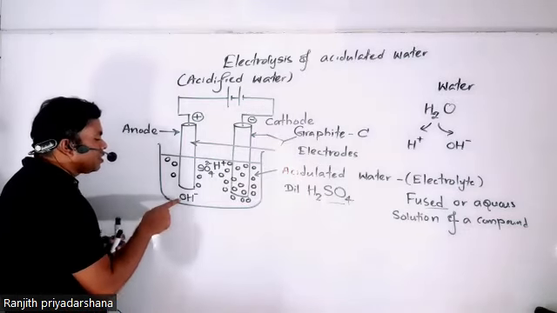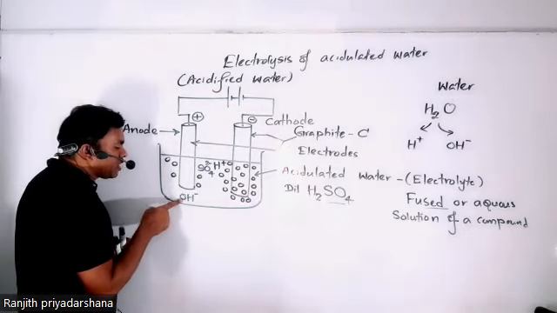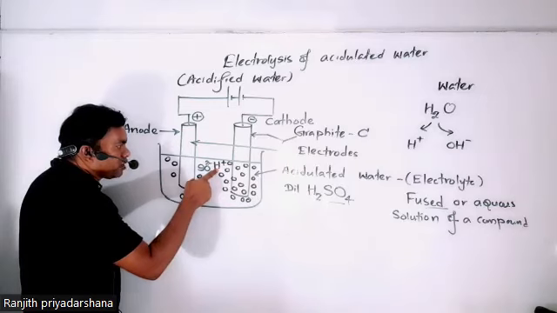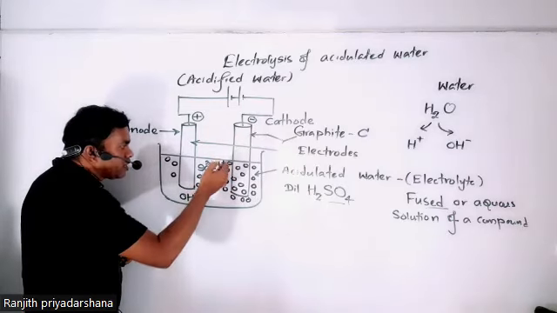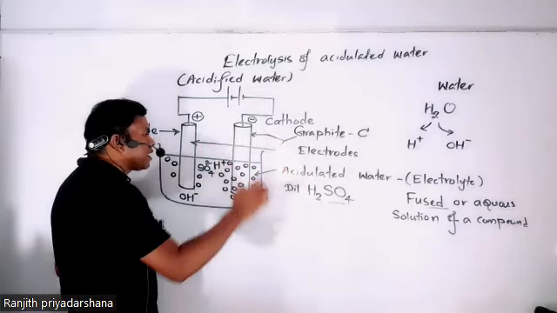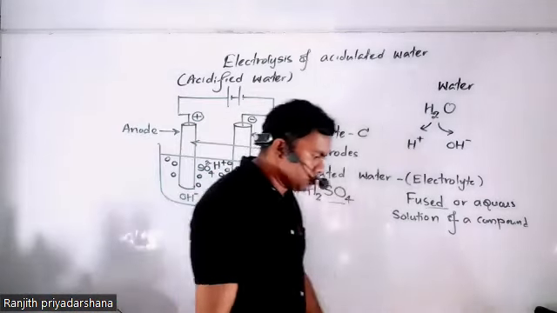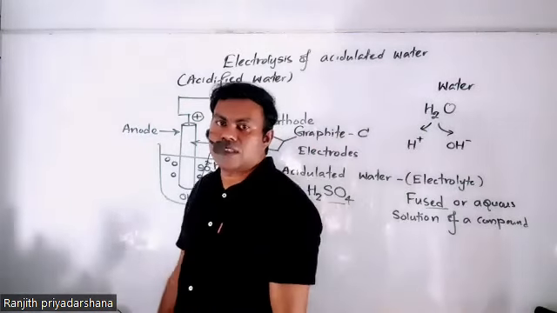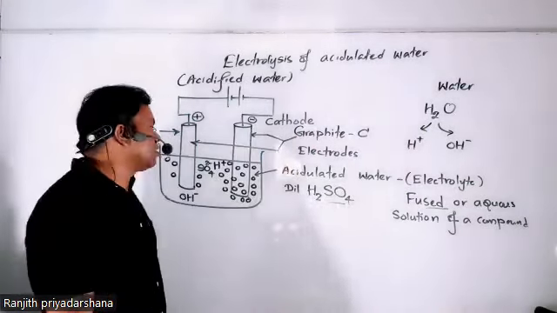ඉතින් මට කියන්න පුතේ මෙතනින් හැදෙන gas එක කවුද? What's the gas produced here? So here it consists of oxygen, and here just H plus ions. H plus ions take electrons from here. So what is the gas evolving from this cathode? Hydrogen. Yes, that's hydrogen gas.